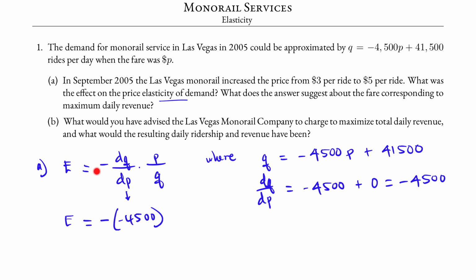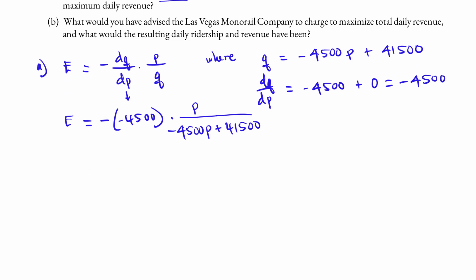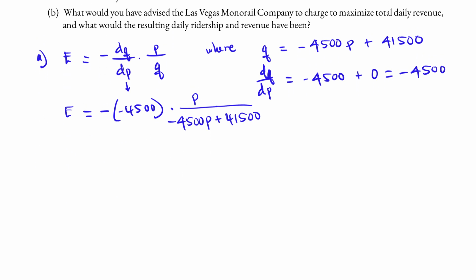Don't forget the initial negative sign times P over Q, but Q is negative 4,500 P plus 41,500. Simplifying this, we get positive 4,500 P over negative 4,500 P plus 41,500.